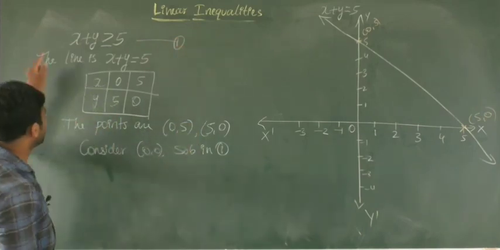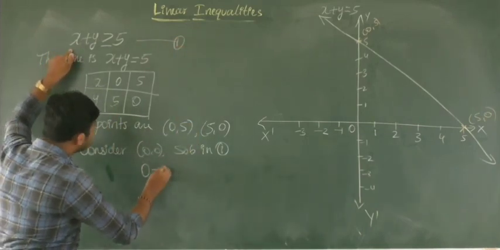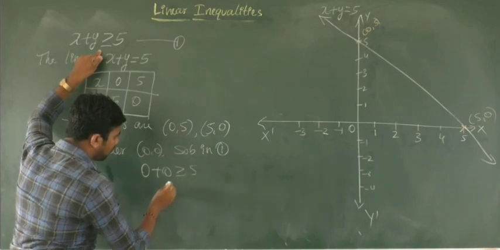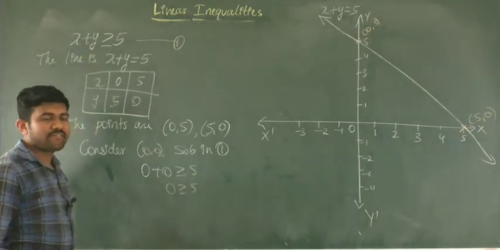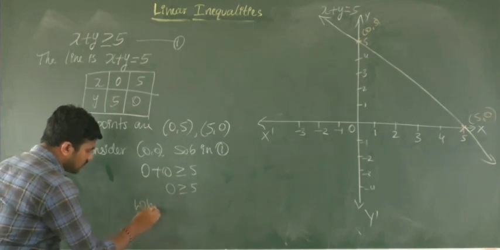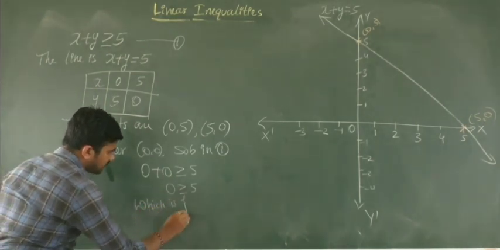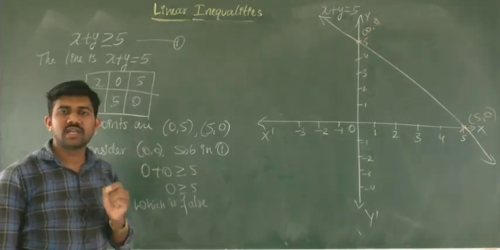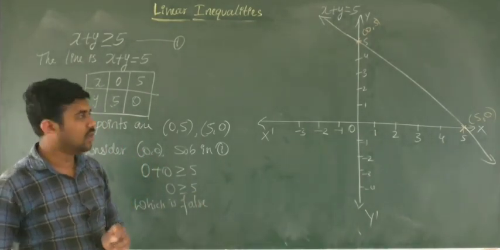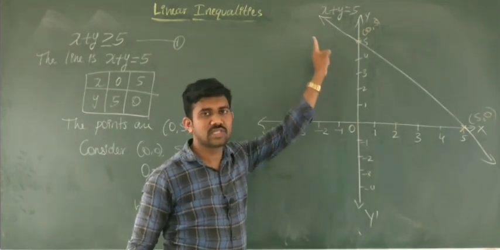What do we get? 0 plus 0 greater than or equal to 5, or 0 greater than or equal to 5. Is 0 greater than or equal to 5? No, so it is false. This means the origin does not lie in the solution region.